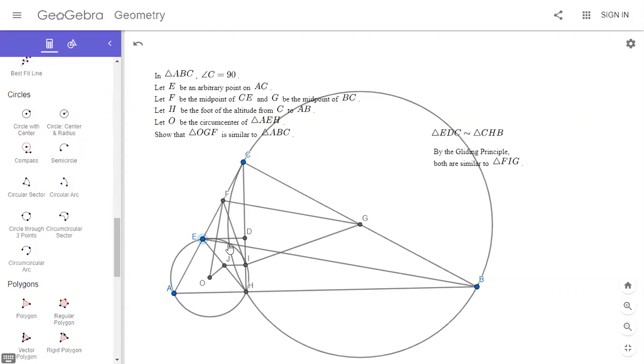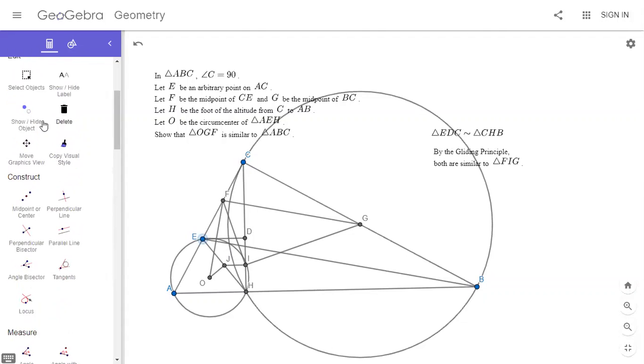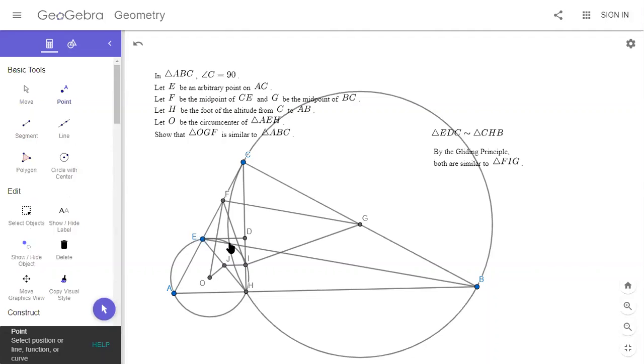Let's see. It could be obvious, and I'm just not seeing it, but okay, so if we assume that those three concur here, then OG is perpendicular to KH.